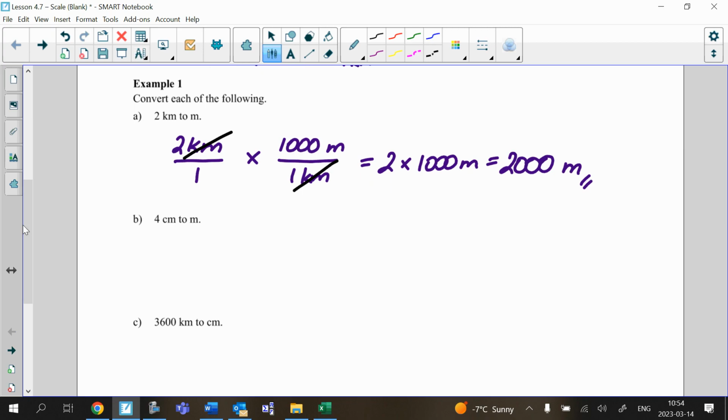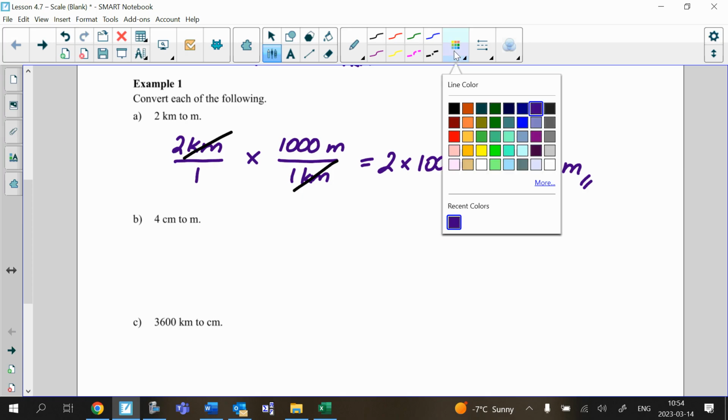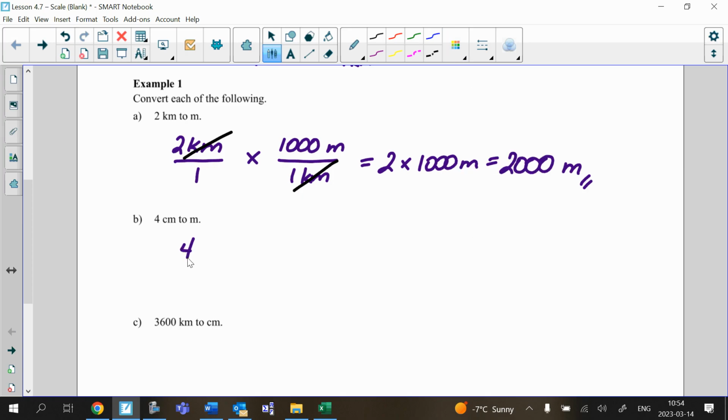Okay, the next one, 4 centimeters to meters. Well, first of all, 4 centimeters over 1. Now I've got to multiply by the conversion factor that will cancel out centimeters and leave meters.